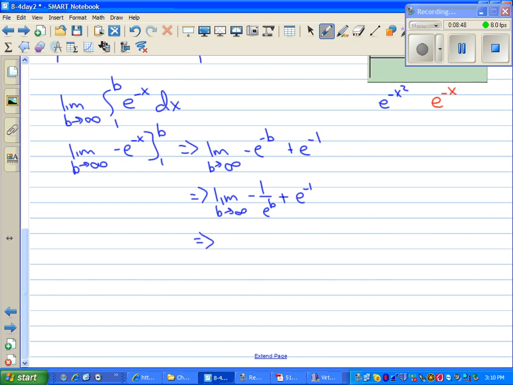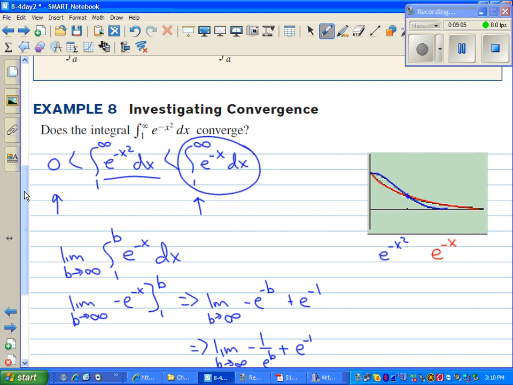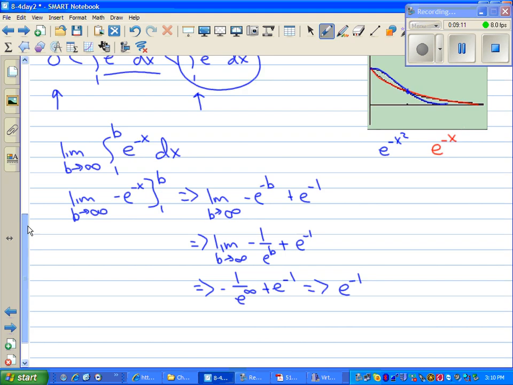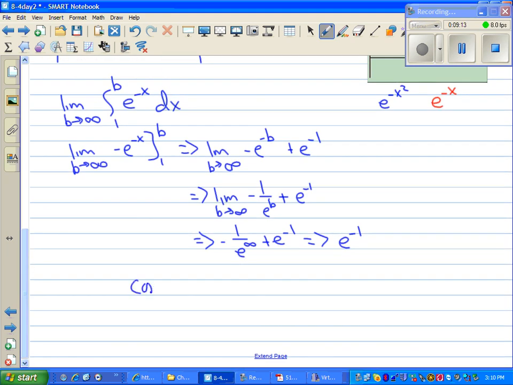When we plug infinity in, negative 1 over e to the infinity ends up being 0. So we have e to the negative 1, which is a value. Since the integral from 1 to infinity of e to the negative x converges, and our function is in between 0 and that value, we say that it converges.